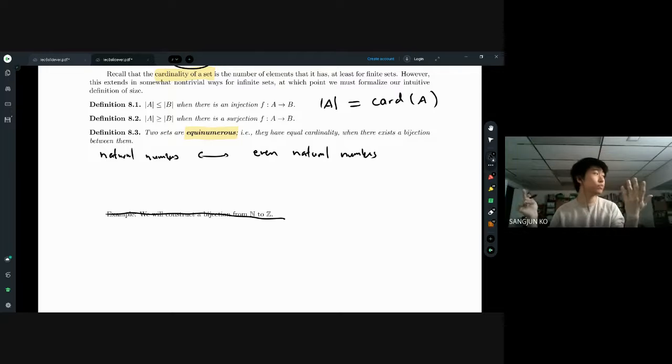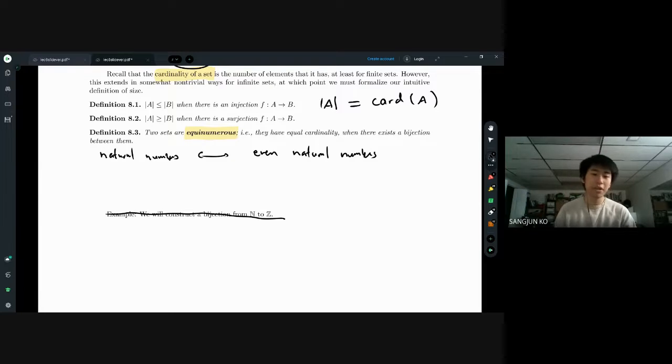So intuitively it should make sense that there are fewer even natural numbers than natural numbers. But as it turns out, despite this being half of the natural numbers, these two sets are equinumerous. So they have the same size, which might be kind of unintuitive.